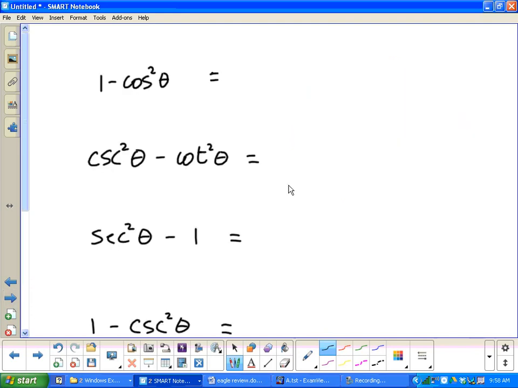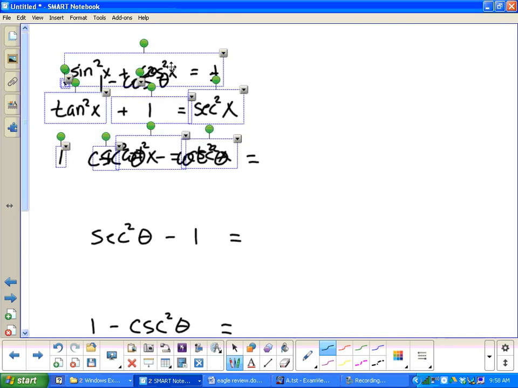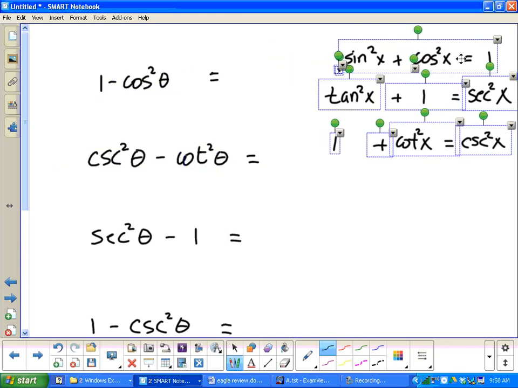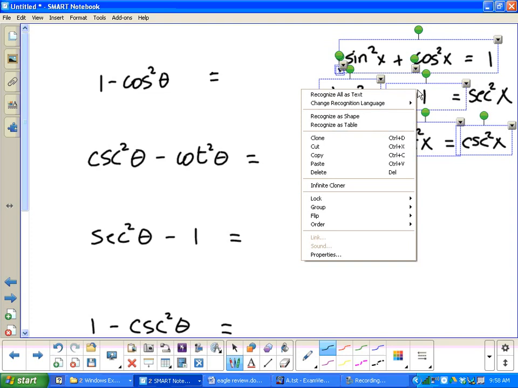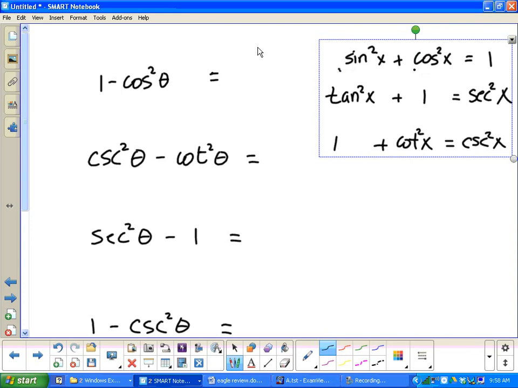Let me lock it. Group them. That's what I need to do.